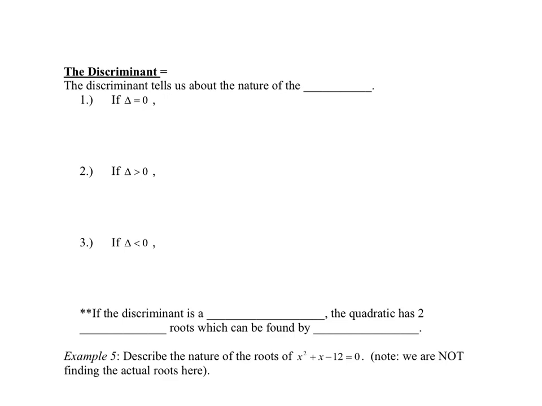Alright, here we go. I'm talking about the discriminant today. The discriminant is given to you in your formula packet. It is b squared minus 4ac, and we are referring to the standard form in a quadratic.